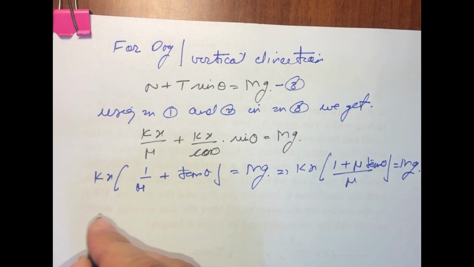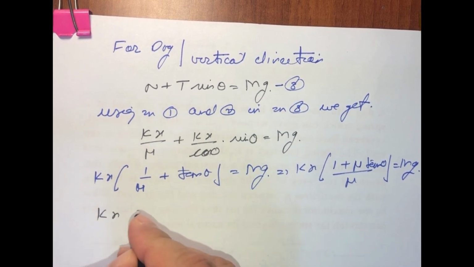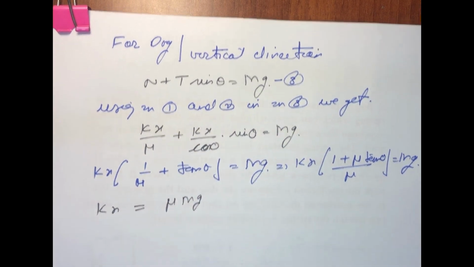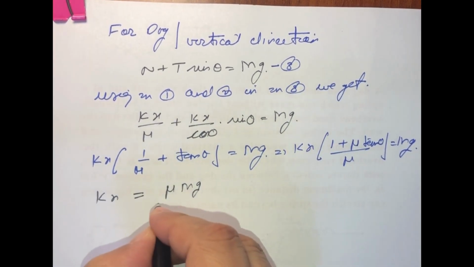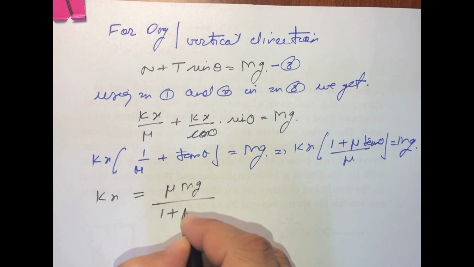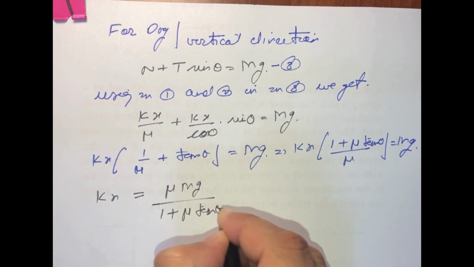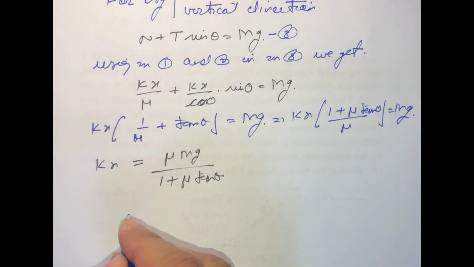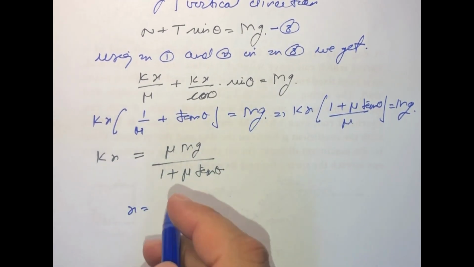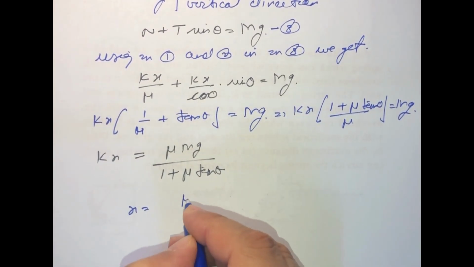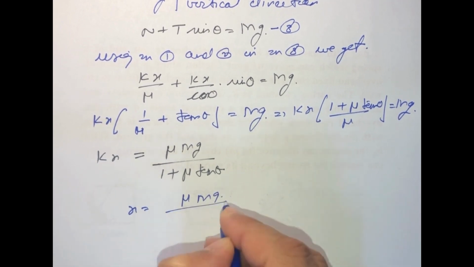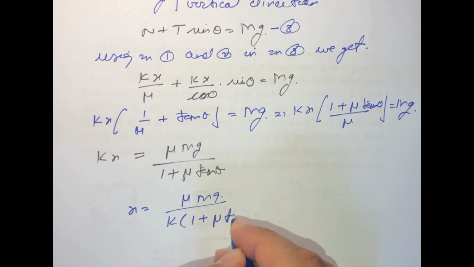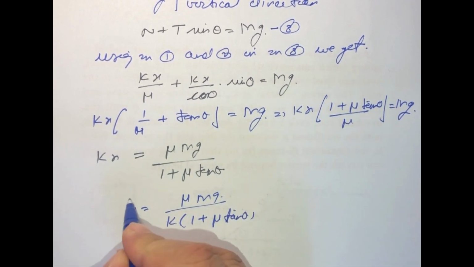So kx is equal to mu mg divided by (1 plus mu tan theta), or x is equal to mu mg divided by k(1 plus mu tan theta).